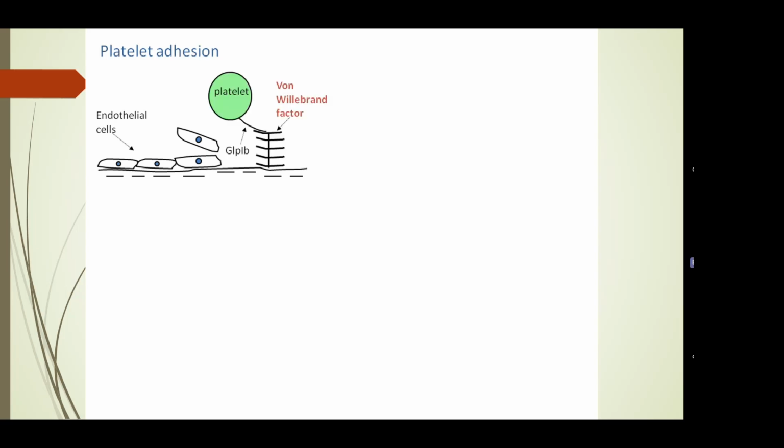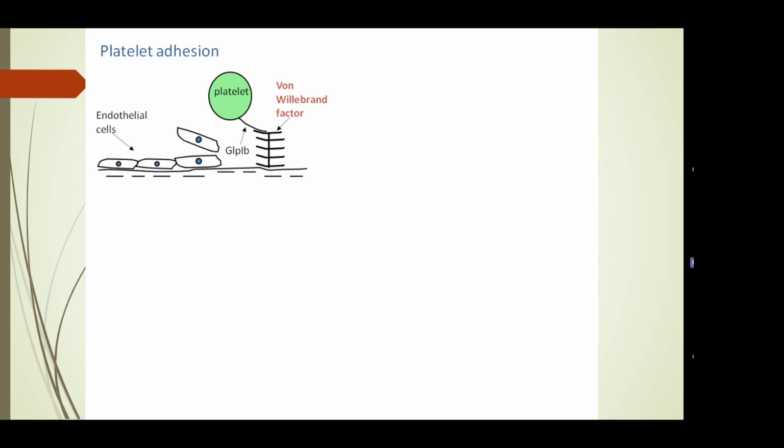So upon exposure of the subendothelium, any one of these can happen. Von Willebrand factor, which is exposed when the subendothelium is exposed, will bind to the platelets. Platelets will bind to von Willebrand factor using their glycoprotein 1b receptor.